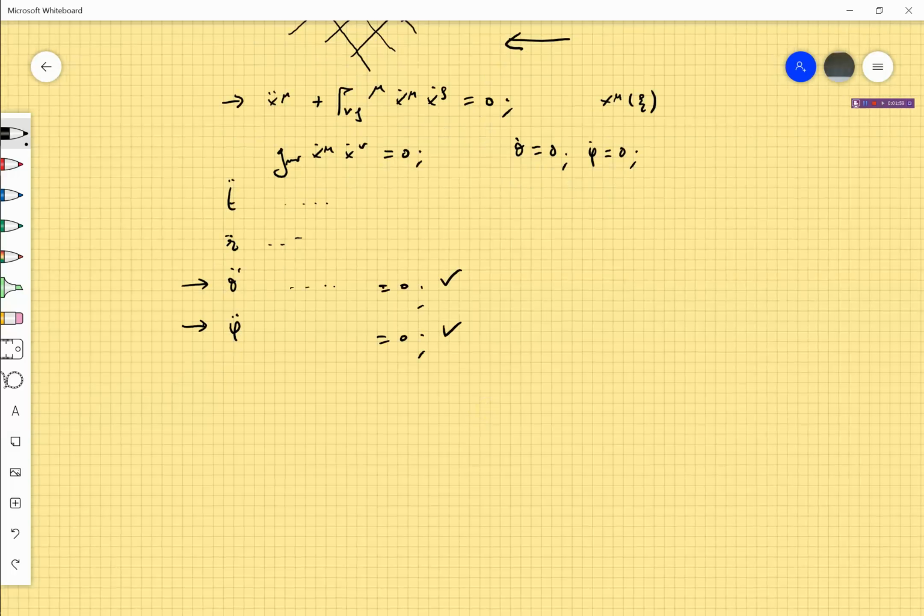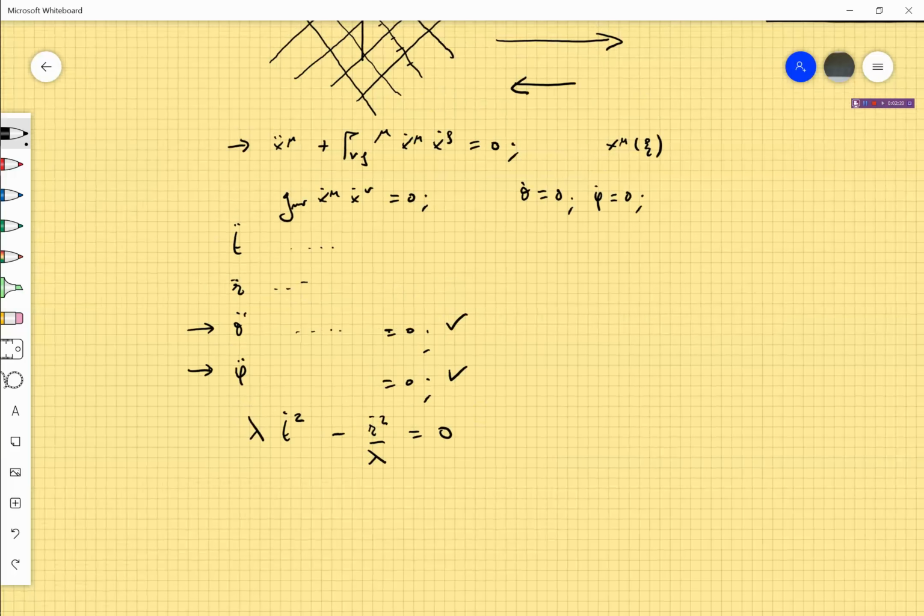And finally, the null condition, which is just g00, which we call lambda, t dot squared, plus g rr, which is minus 1 over lambda, r dot squared. And this has to be 0. Now let me write these geodesic equations.